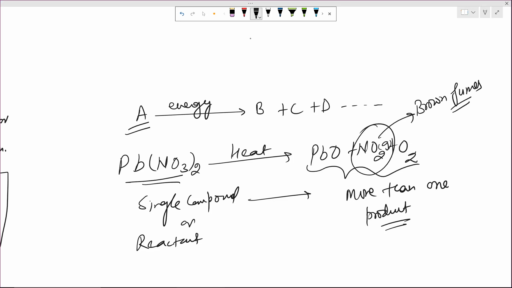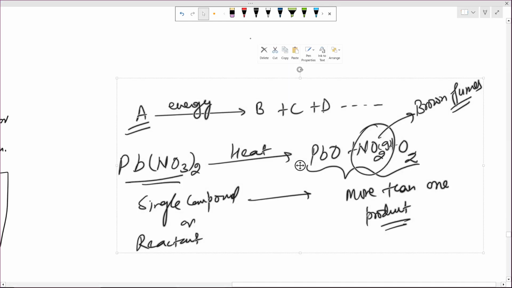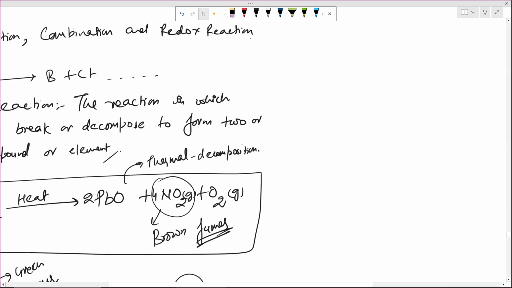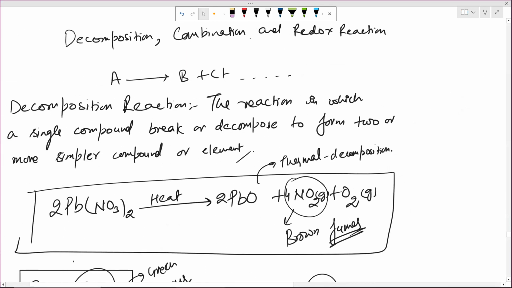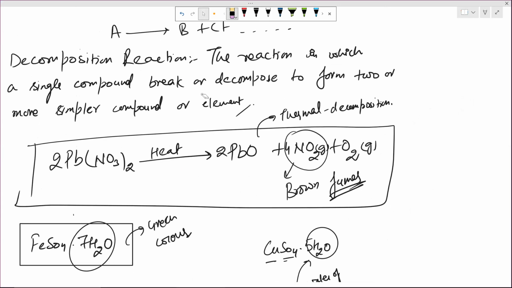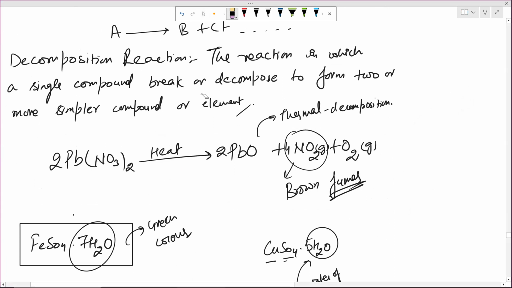Understood? Harshit, you understood? Yes, sir. Please note it down. Sir, could you repeat? Brown fumes are formed due to NO2, nitrogen dioxide.